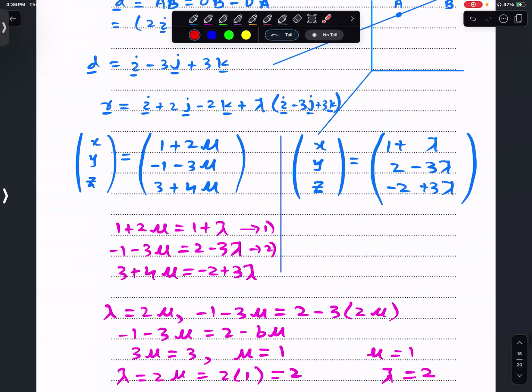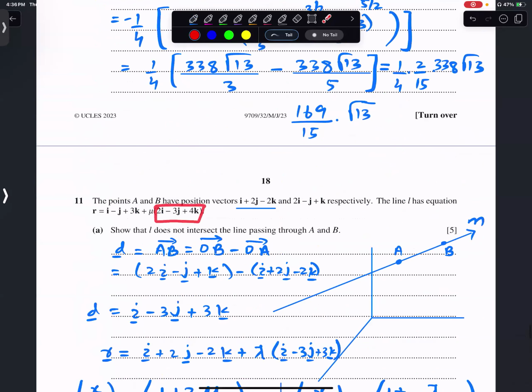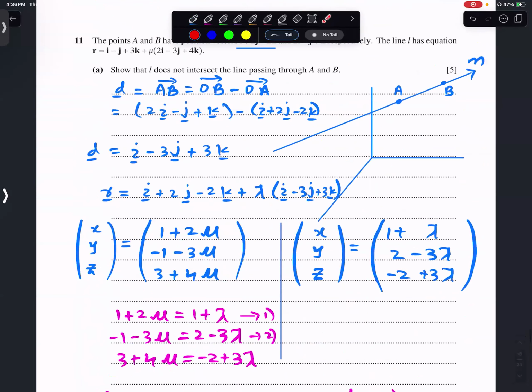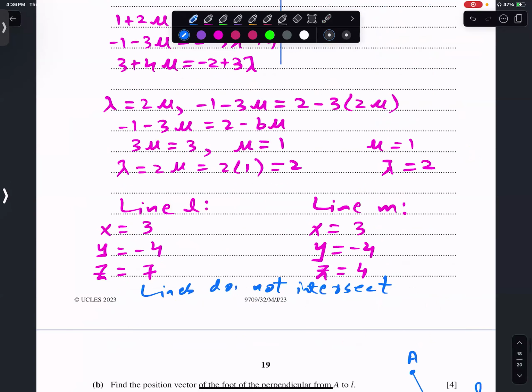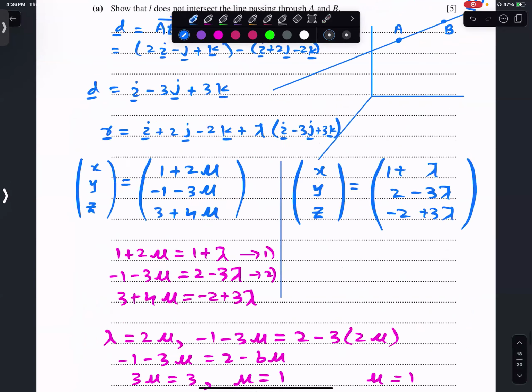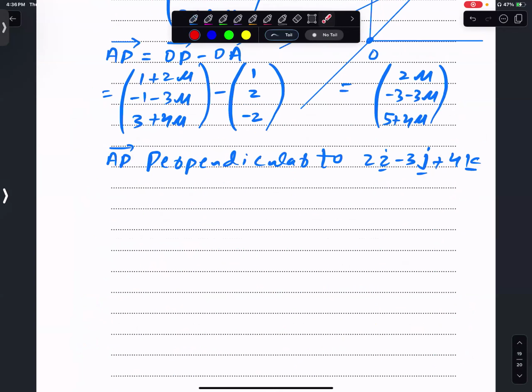The directional vector of line L is this vector, which has the same direction as L. So if AP is perpendicular to L, then definitely AP is perpendicular to this vector, 2i minus 3j plus 4k. This is the main concept.